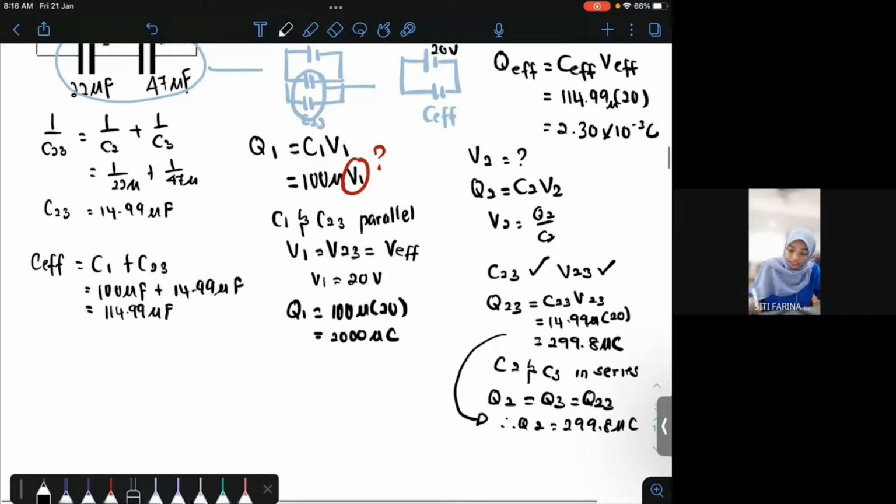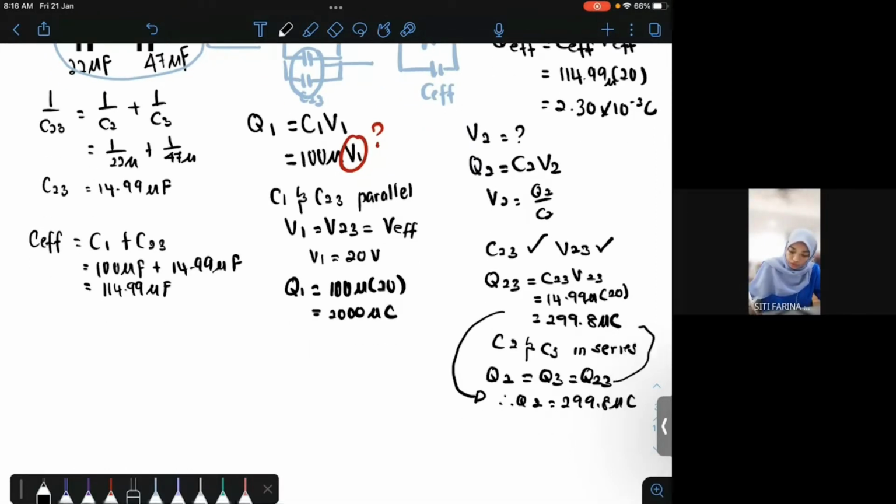Okay, sebab kita dah ada nilai Q23. Lepas tu boleh cari V2. V2 akan sama dengan Q2 over C2. Q2 adalah 299.8 microcoulomb bahagi dengan 22 microfarad. So tekan kalkulator, you should get 13.63 joule.